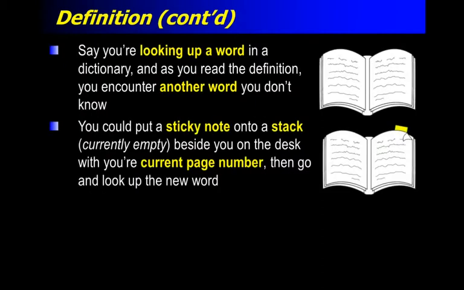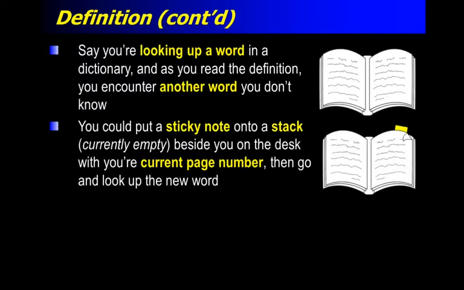So the second you find superstitious and you start reading its definition, let's say you find a word in there that you don't understand. You start reading the definition, it says supernatural. Oh, I don't know what that word means. You could stick a sticky note on the page where you were looking up superstitious, then go look up supernatural. And then you'd start reading the definition of supernatural.